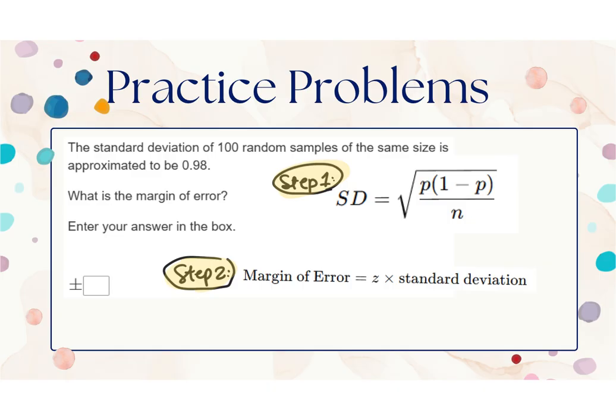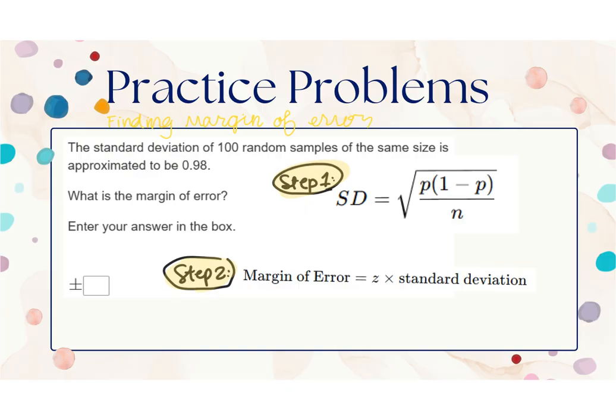This is another example of finding the margin of error. But we are not given the standard deviation, right? So we have to calculate that standard deviation based off of the simulation.